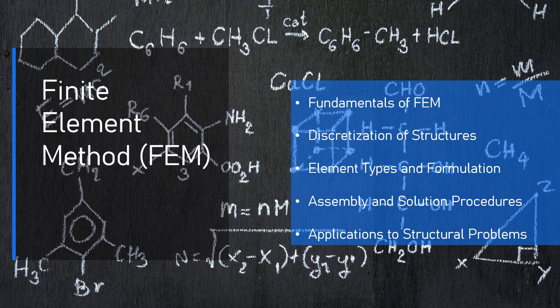Iterative methods. For large systems, iterative methods such as the conjugate gradient method, Gauss-Seidel, or Jacobi methods are used. These methods iteratively approximate the solution and are more computationally efficient for large systems where direct methods are impractical. 2. Solving for internal forces. Once the displacements are obtained, the internal forces in the structure, e.g., axial forces, bending moments, can be calculated.